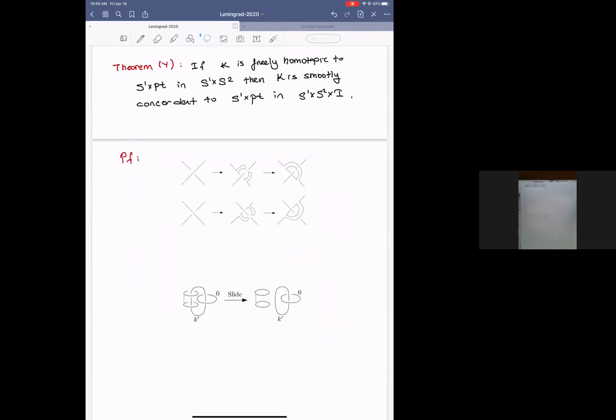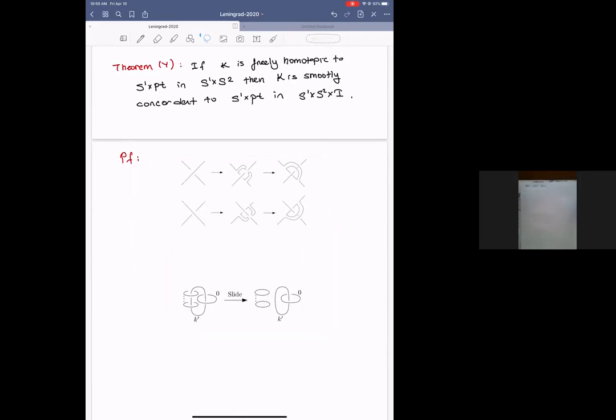And this proof is really easy. As you said, if you have a knot, it's homotopic to this one.